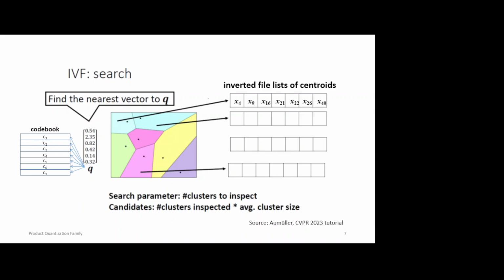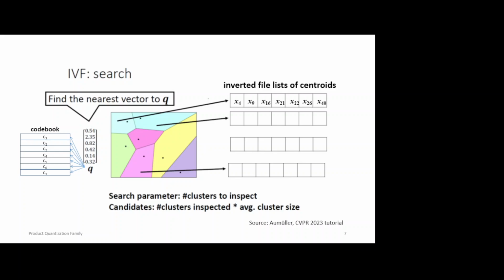Here we have 7 centroids. So the query vector has to compute the distance to all the cohorts, to find which cohort is closest to the query. Suppose that maybe C1, this one, is closest to the query Q.